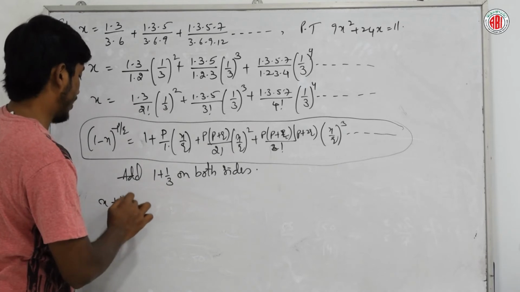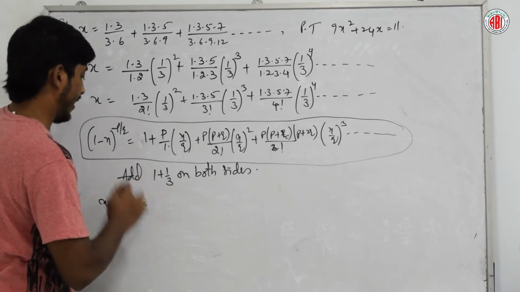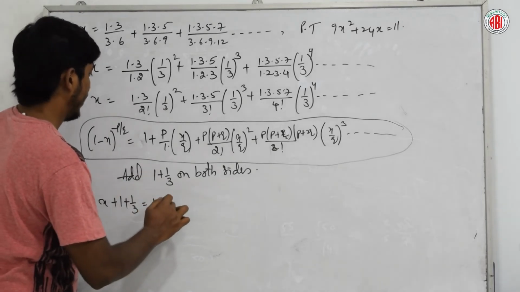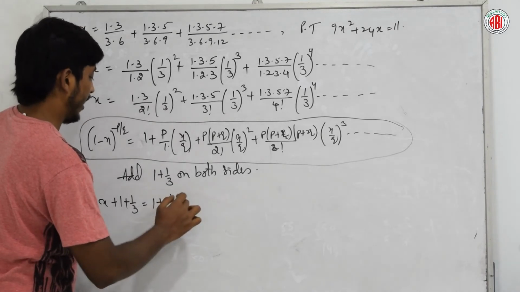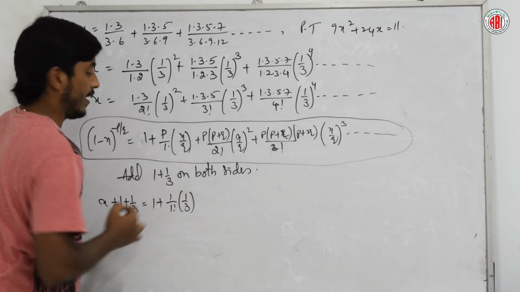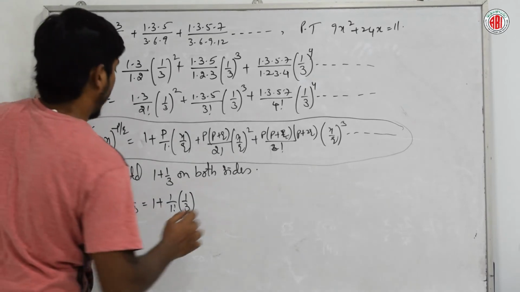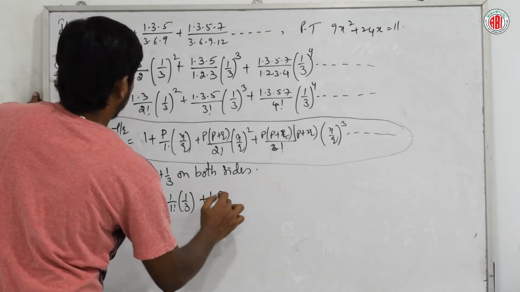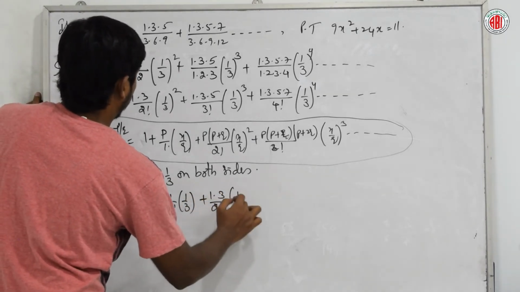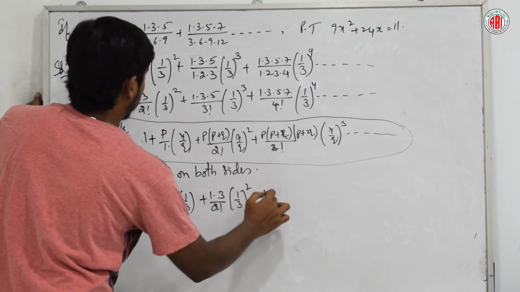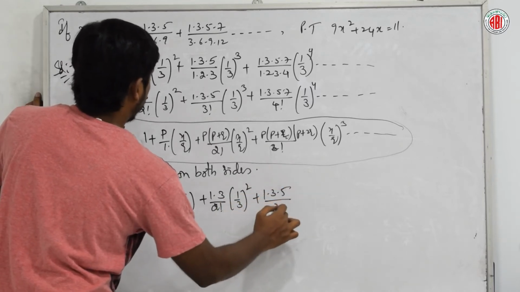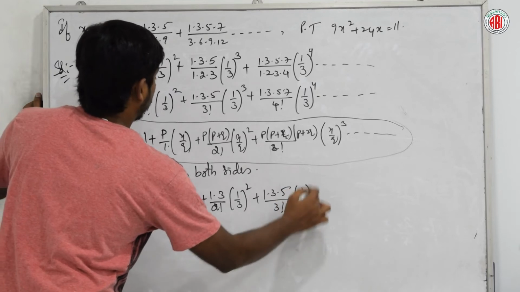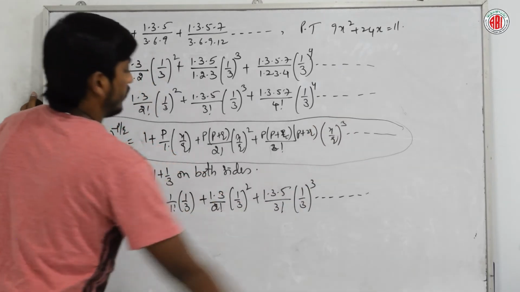X plus 1 plus 1 by 3 on the left side. On the right hand side it will be like 1 plus 1 by 1 factorial into 1 by 3. Plus 1 into 3 by 2 factorial into (1 by 3) whole square plus 1, 3, 5 by 3 factorial into (1 by 3) whole cube and so on.